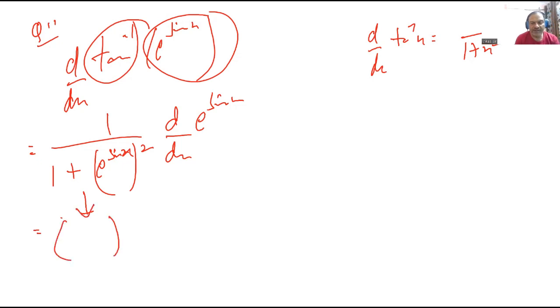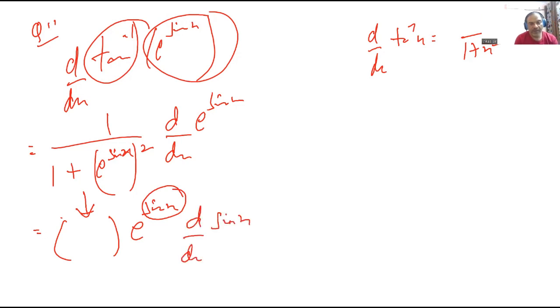I'm not writing it again and again, I will write it at the last. And here, d by dx of e raised to power x gives you e raised to power x, which is the parent function. But here you have e power sin x, so it will give you e raised to power sin x. Then you have to differentiate this sin x also.